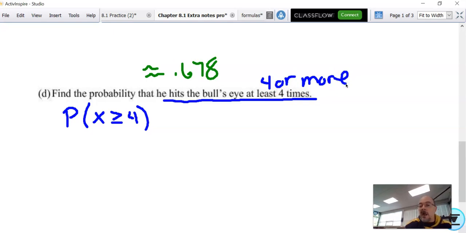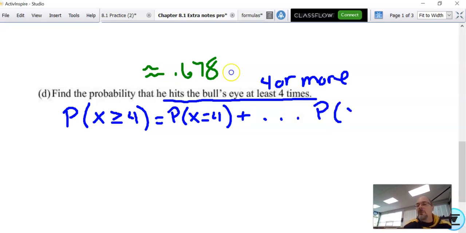Now, folks, think about this. That would be the probability he hits 4 all the way up to all 10. That's a lot of stuff because you're doing 4 bullseyes, 5, 6, 7, 8, 9, 10.